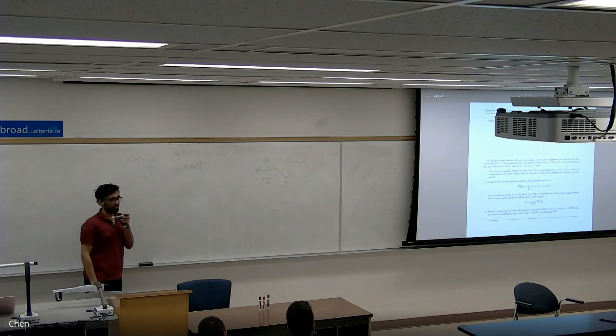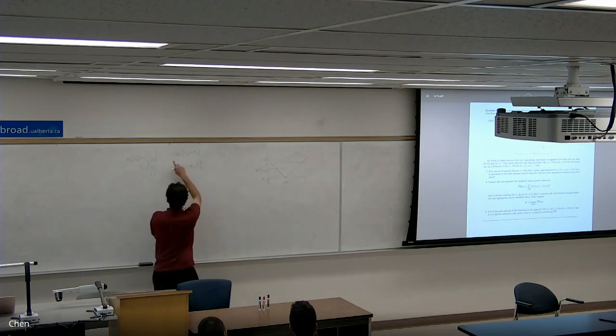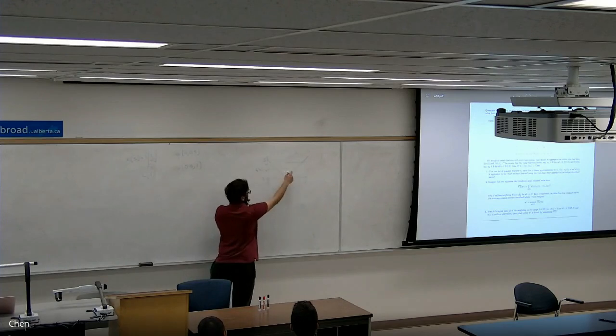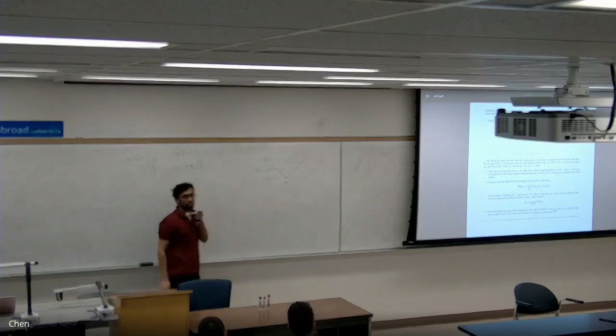Make sense? So for this region you get this feature, and your approximation would be W1, and for this region it will be W2.